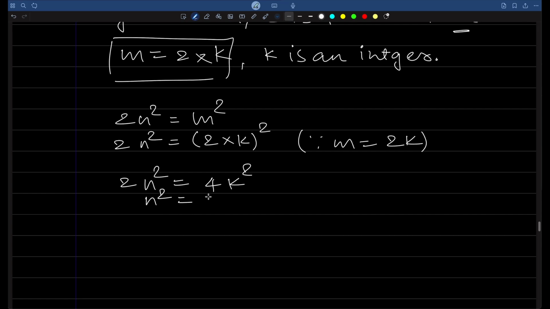This implies n square equals 2k square. If we see here, 2 divides n square, this means that 2 is one of the factors of n square.